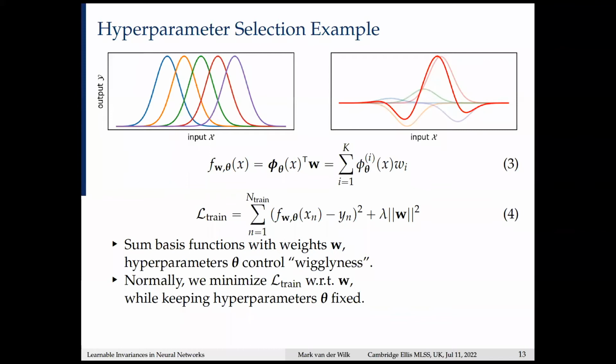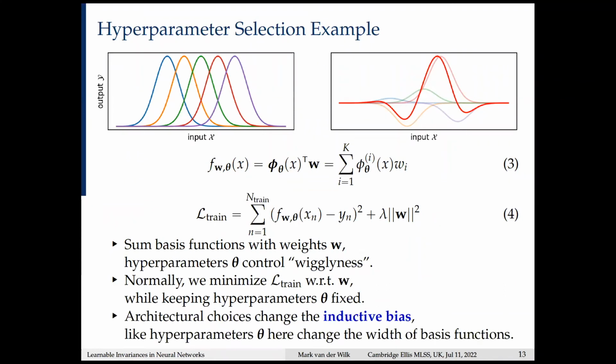What we normally do in these situations is minimize the training loss with respect to W while keeping the hyperparameters fixed, and then we might do cross-validation of the hyperparameters. But we would like to find a gradient descent procedure for theta.